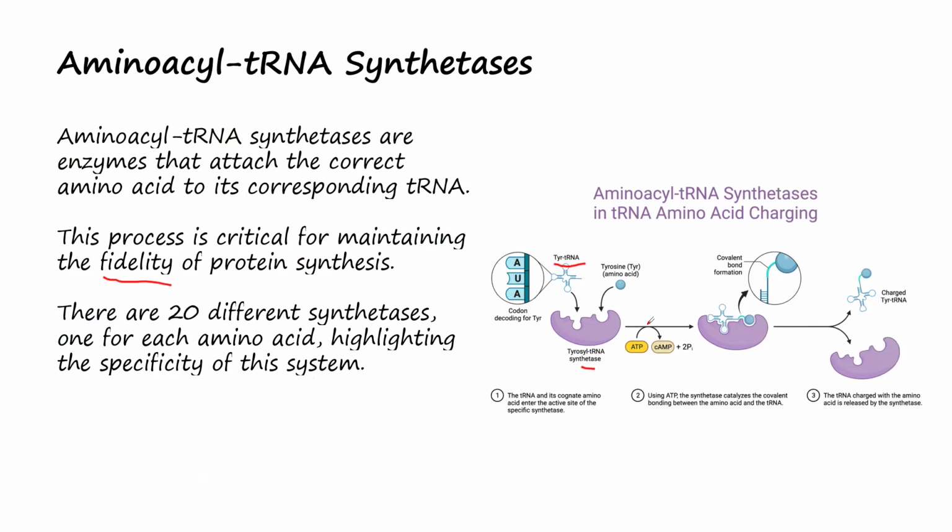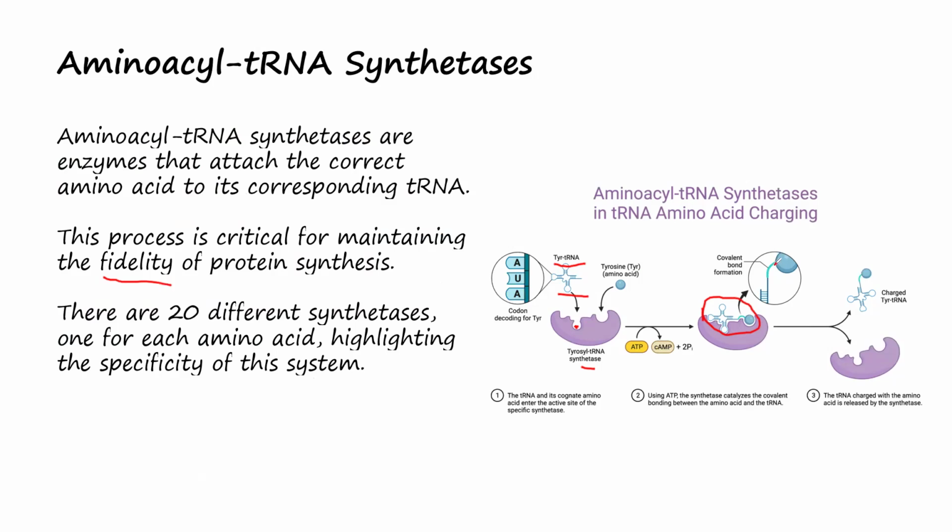And in the process of attaching the amino acid to the transfer RNA, you can see clearly here, this is the transfer RNA. This is its active site for the transfer RNA, and this is the active site for the tyrosine. So you see the transfer RNA and the tyrosine both bind to the active site, and after they bind, then the catalytic synthesis takes place.